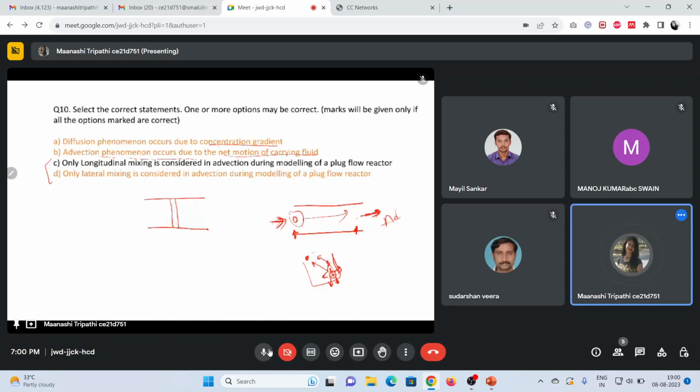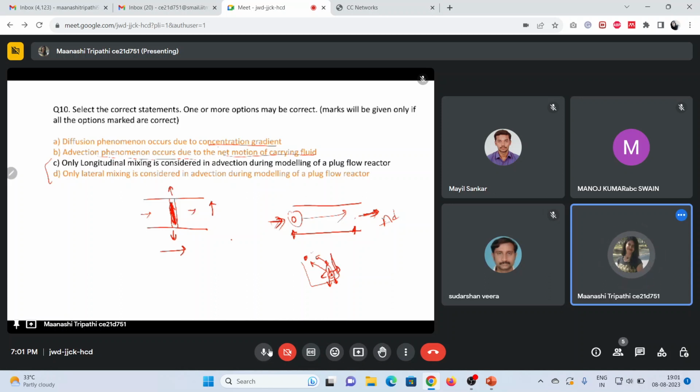In this strip, it is very properly mixed in this direction also. Which direction? Lateral direction. This is longitudinal direction and this is lateral direction. So when we are modeling advection, a flow from this direction to this direction, we consider a strip.